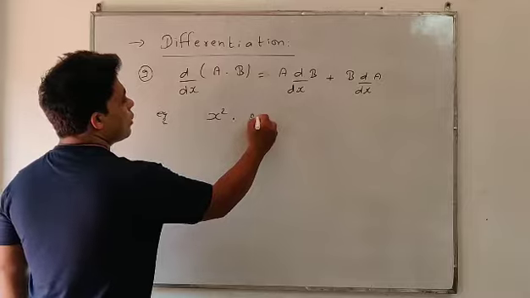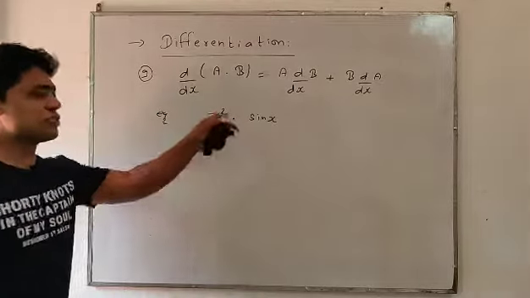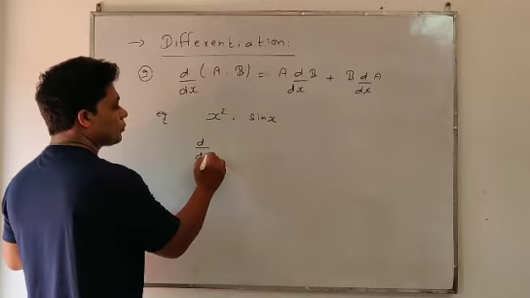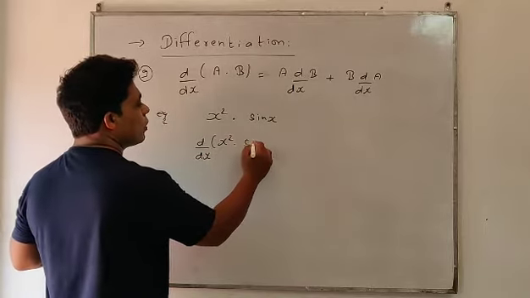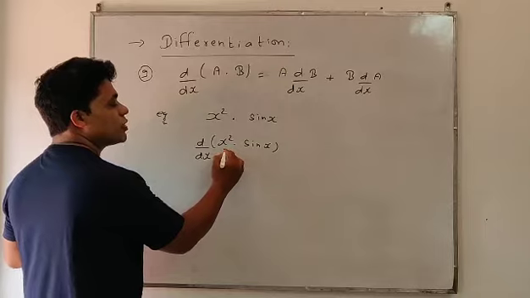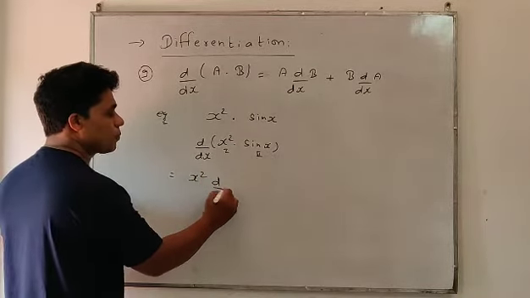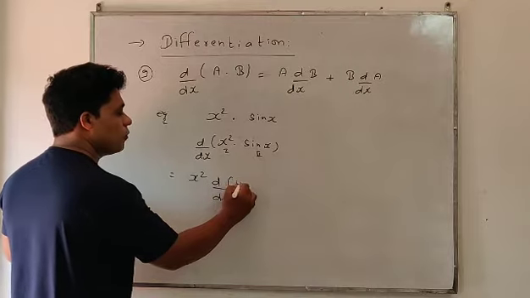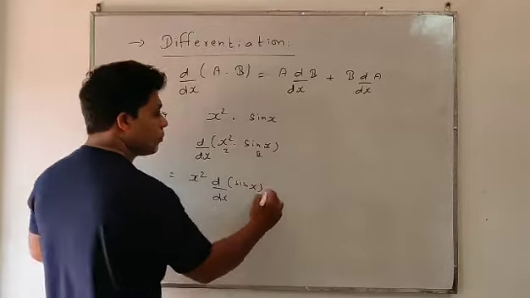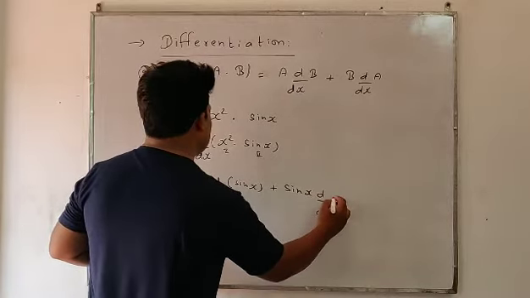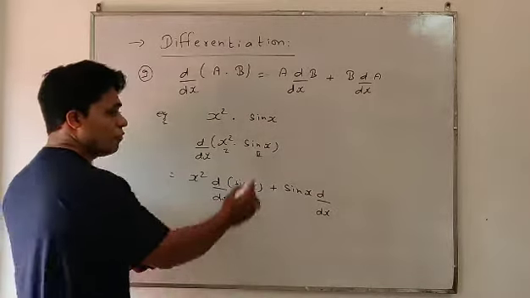Suppose x square dot sin x, you have to differentiate this. So d by dx of x square dot sin x. This is the first function, this is the second function. First function as it is, differentiate of second, then second function as it is, differentiate of first.